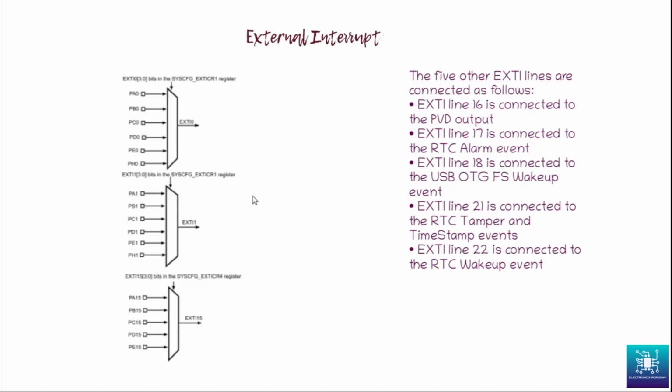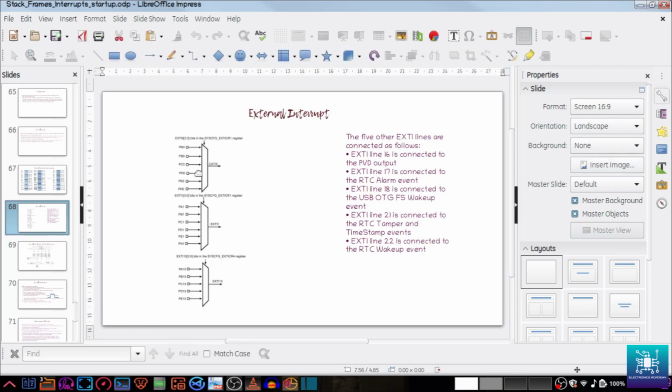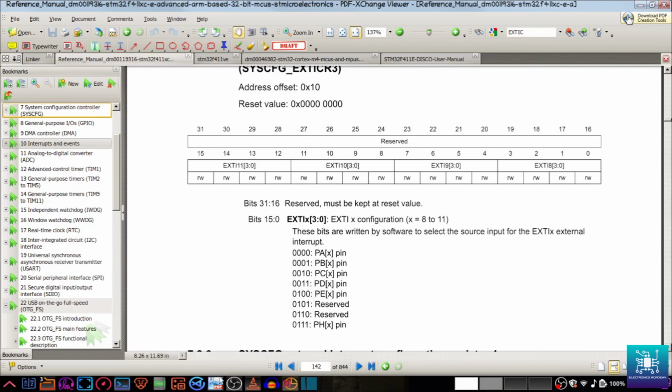So that is what is actually happening, and each of these multiplexers represents one 4-bit field in the registers. So this goes to one multiplexer, this goes to another multiplexer, so on and so forth. So this is how this is arranged.